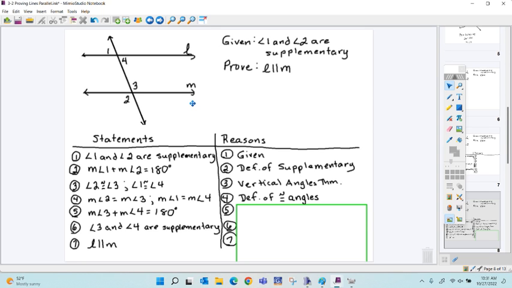If you have any of those 5 things, then the lines are parallel. So we're trying to work our way to something that gets us to the parallel lines. So I have this equation here, angle 1 plus angle 2 is 180. So how does that change into number 5? Angle 3 plus angle 4 is 180. Anybody see how that happened?